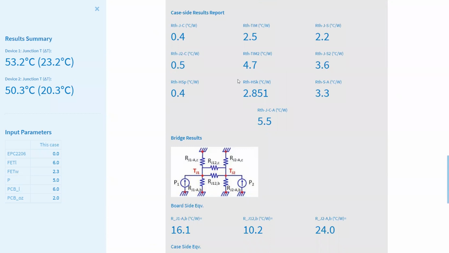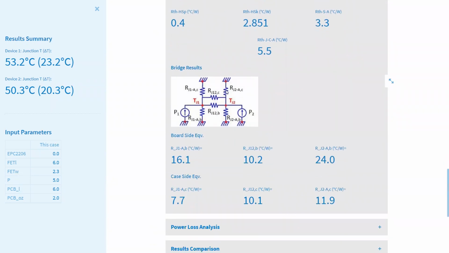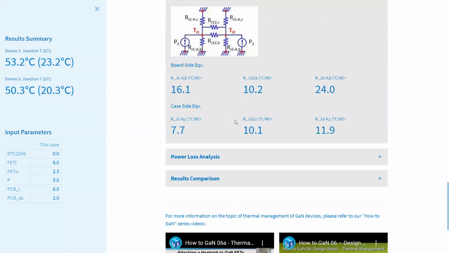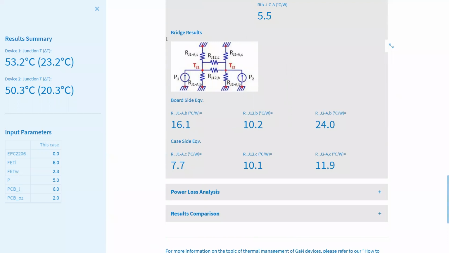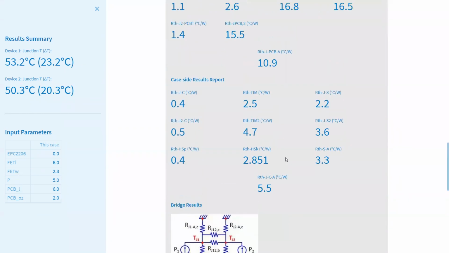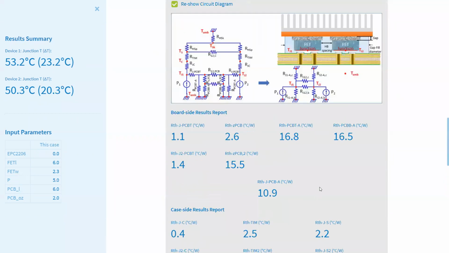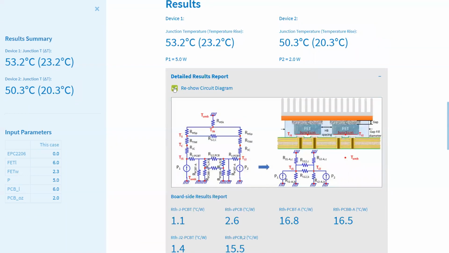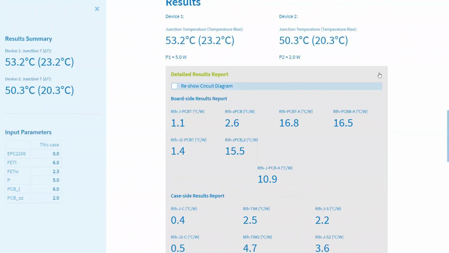And these resistances can then be simplified to just two junctions with the resistances to ambient and the mutual heating resistances, and then solved for the overall results that we have. So this is a detailed report for those that would like to have more information.